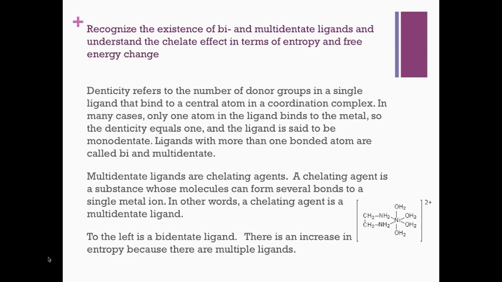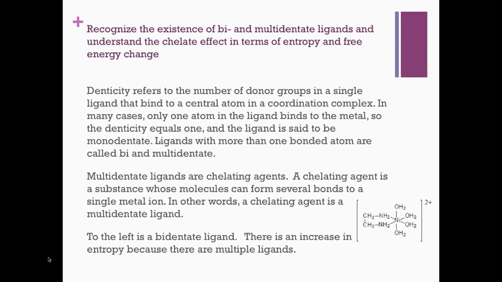Now, the last criterion that you are asked to look at is to recognize the existence of bi- and multi- or polydentate ligands and understand the chelation effect, or the chelate effect, in terms of entropy and free energy change. Bi- and multidentate are indicators of denticity.